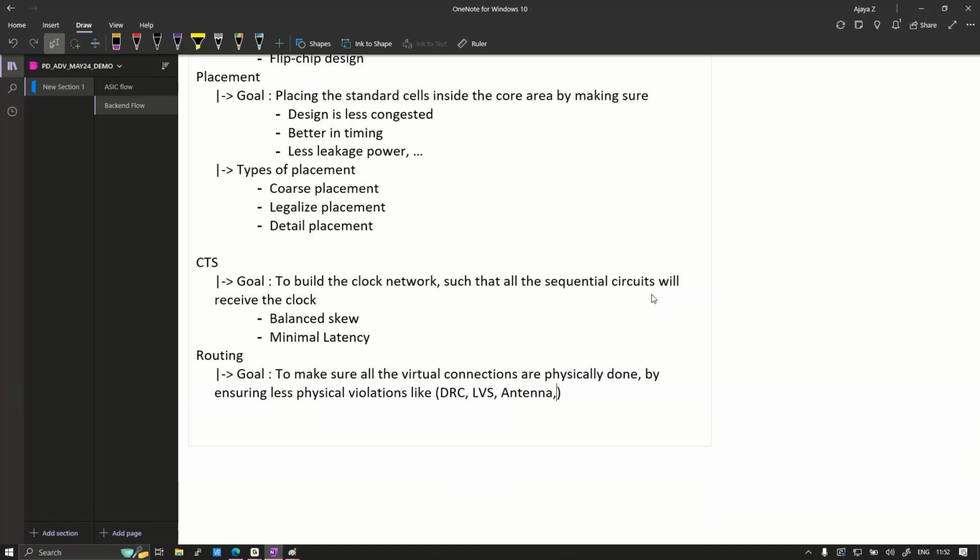Timing related violations also can fail, so we will try to fix those.